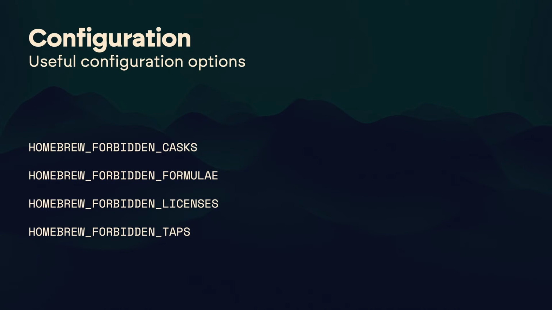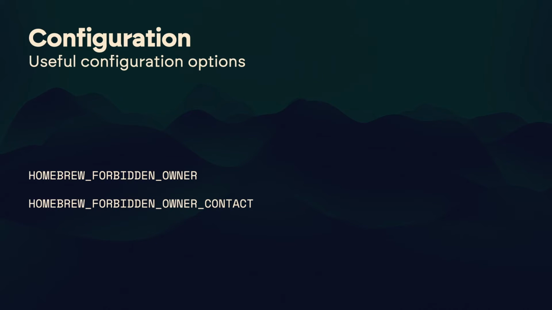Now, what happens when one of your end users runs into a problem with this stuff? What's the end result? Well, you can set these configuration options: Homebrew forbidden owner and Homebrew forbidden owner contact. What this does is it configures the end user's experience, the message that they see when they're told that something is not permitted by the policy.